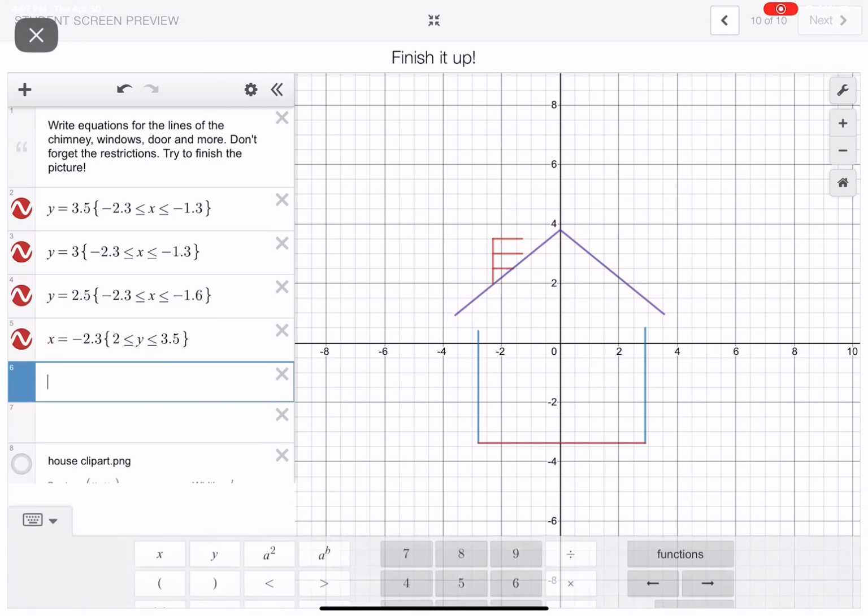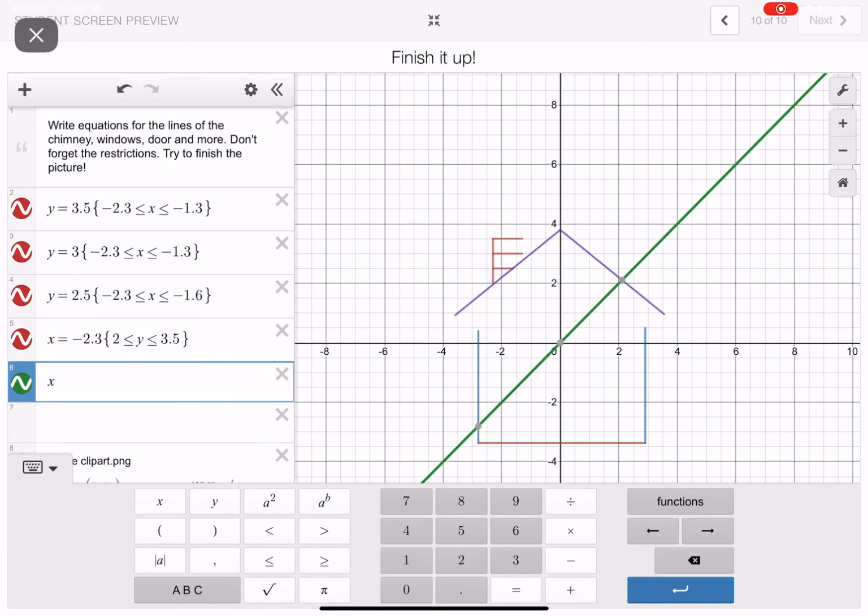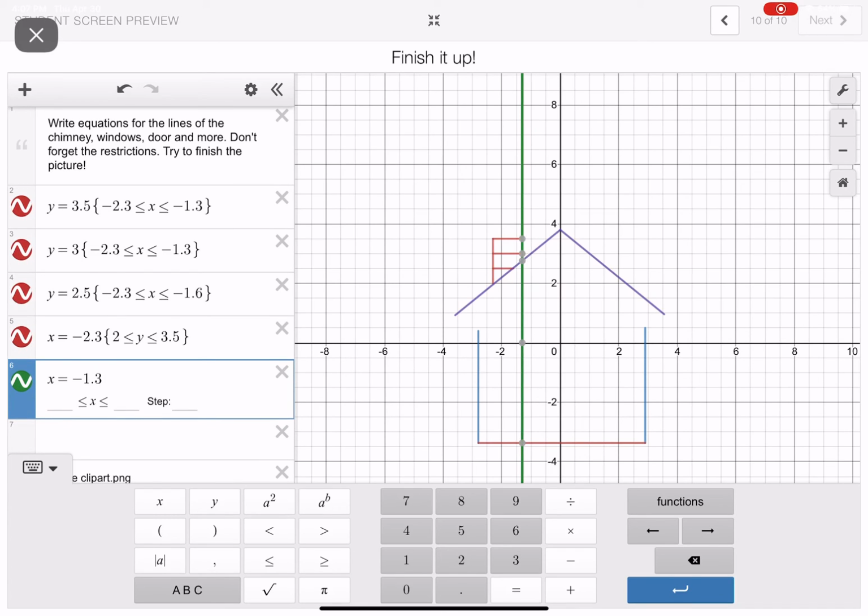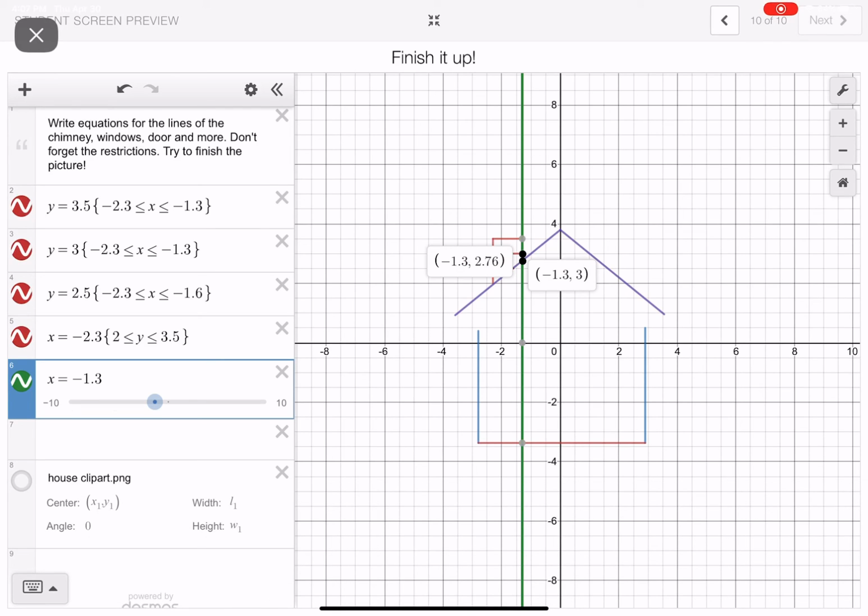There's one more vertical line. It's going to be another x equals line. I know that I had the top 2 horizontal lines going over to negative 1.3, so I'm going to have this one equal negative 1.3 to match up with those. Again, the highest is 3.5. The lowest is that bottom dot, which looks like 2.76.